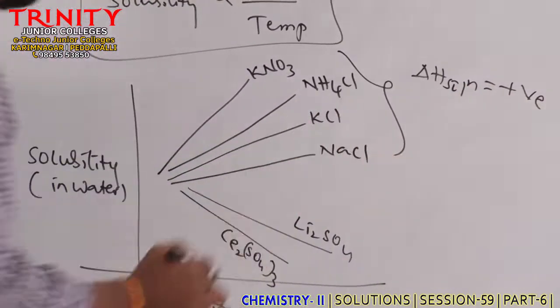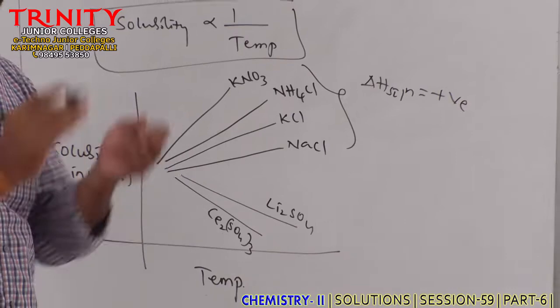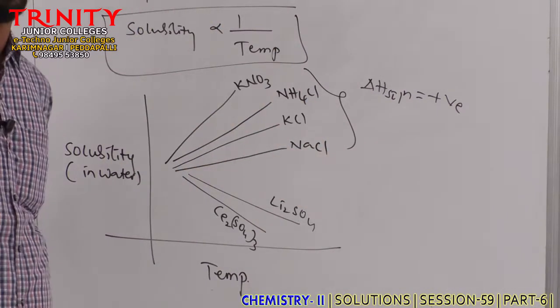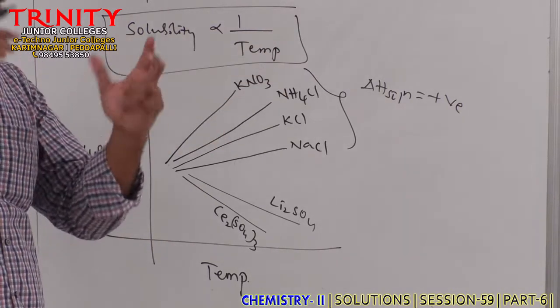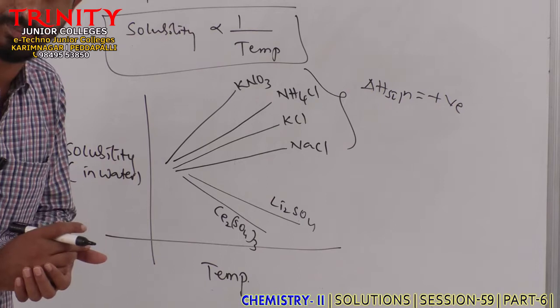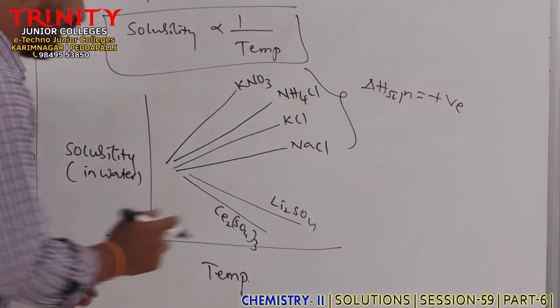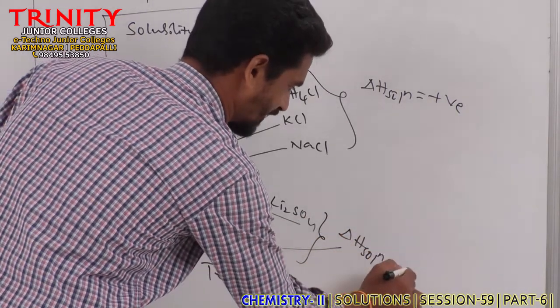Means while dissolving these compounds in water, heat is absorbed. So as the temperature increases, the solubility increases. That can be explained on the basis of Le Chatelier principle also. And in case of these two, here delta H of solution is with negative sign.